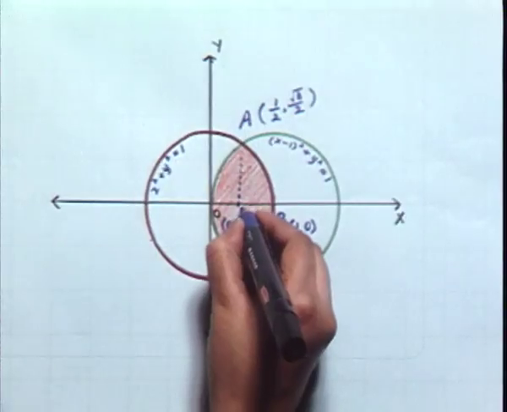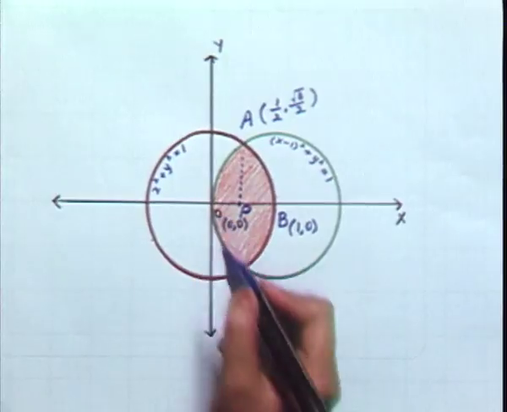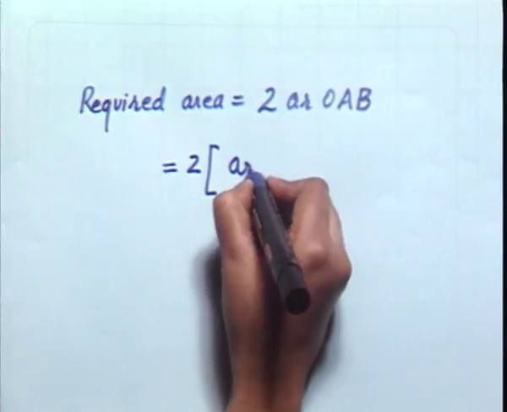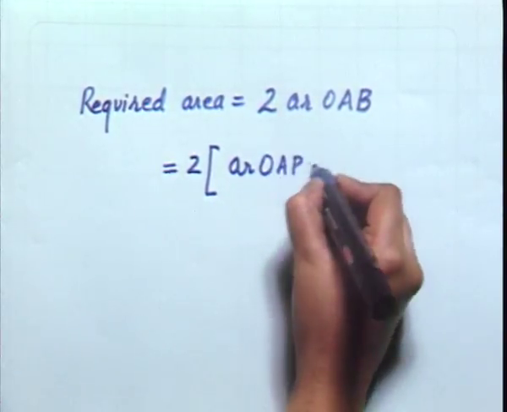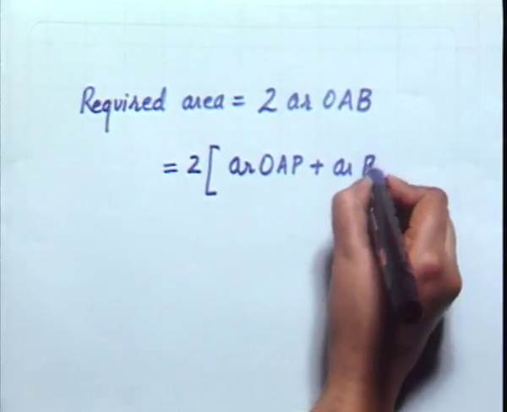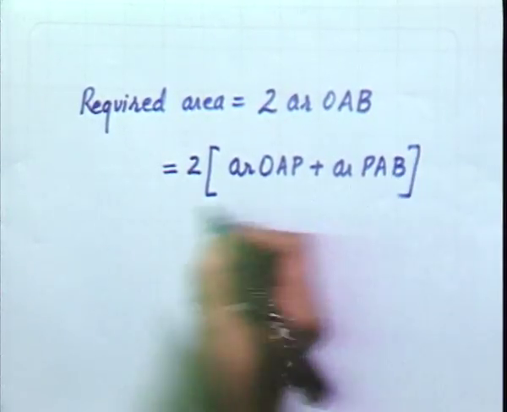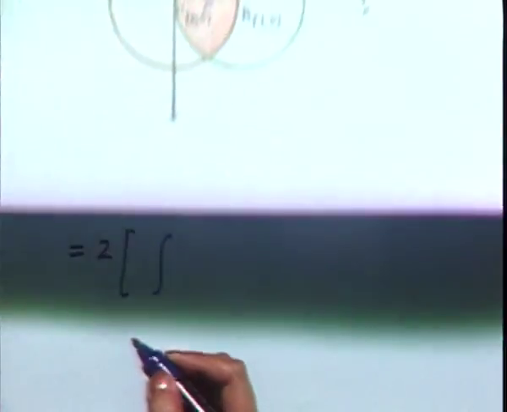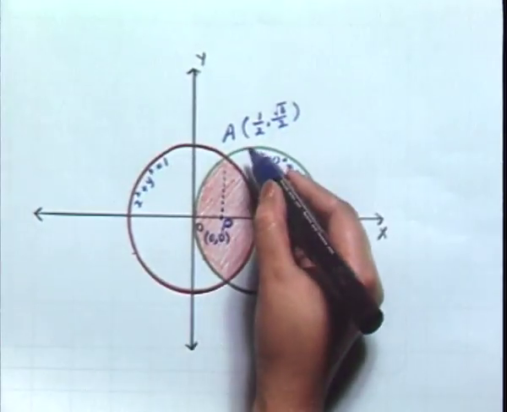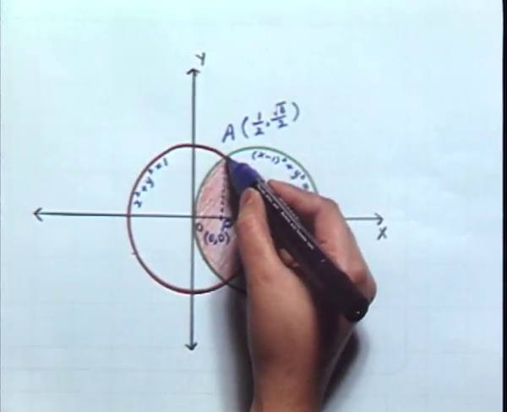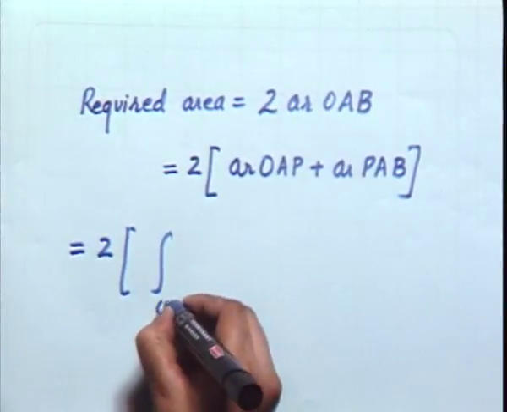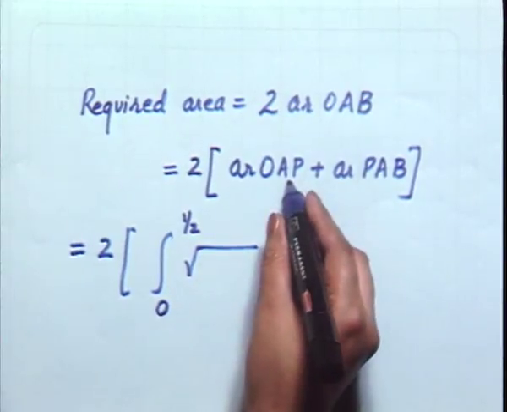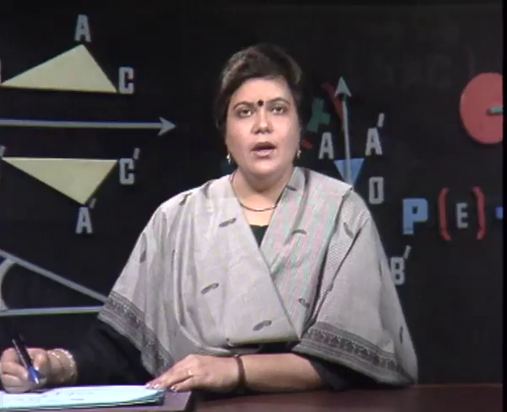So, if I divide it at the point P, what I can say is that the area OAB is same as area OAP plus area PAB. And now there will be no trouble because this area OAP is from 0 to the point of intersection and the x coordinate only of that is required. So, you have from 0 to half under root of, you have the function OAP given by the circle with the center 1 comma 0.